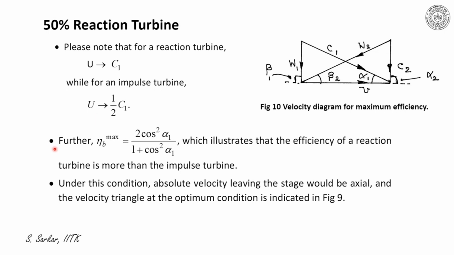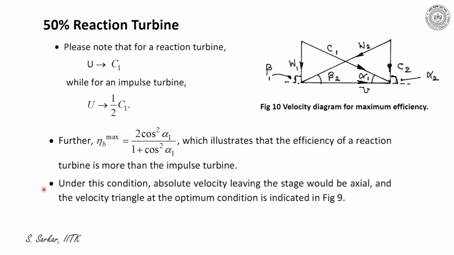Further, eta B maximum would be equal to twice cos square alpha 1 divided by 1 plus cos squared alpha 1, which illustrates that the efficiency of a reaction turbine is more than that of the impulse turbine.